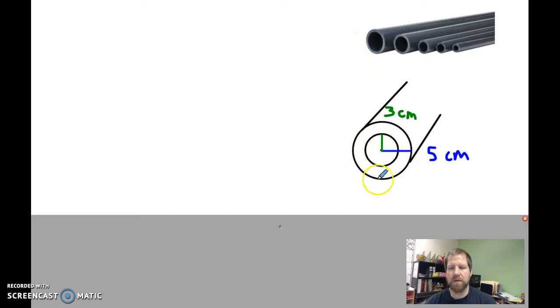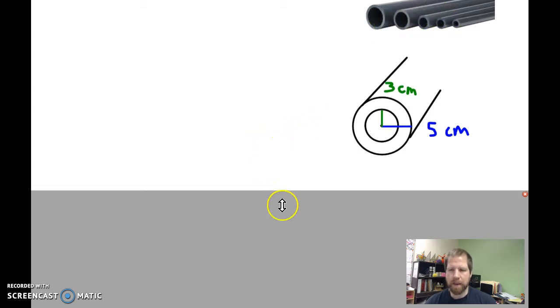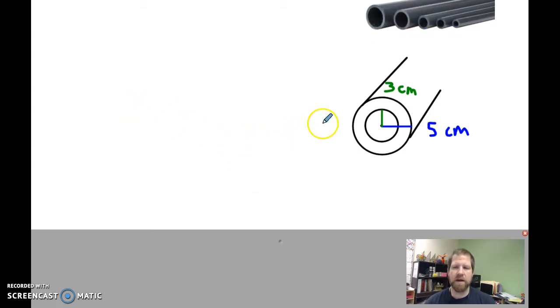Right, my outside cylinder, and my inside cylinder, and I'm going to subtract the inside to figure out the volume, like the amount of metal that I have to use to build that pipe. Okay, so now this is a case where I get to use the same formula, right? The volume is going to equal pi times the radius squared times the height.